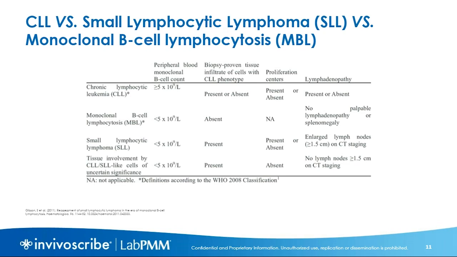If there are biopsy-proven infiltrates, proliferation centers, lymphadenopathy, or splenomegaly, but the total WBC count attributable to CLL, which would be quantitated by flow cytometry, is less than 5 times 10 to the 9th per liter, the diagnosis would be small lymphocytic lymphoma, or SLL. But if there's no lymphadenopathy or splenomegaly or other organomegaly, that's when the term MBL should be used.